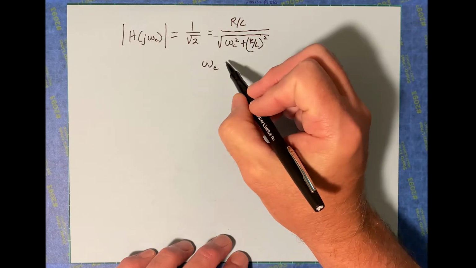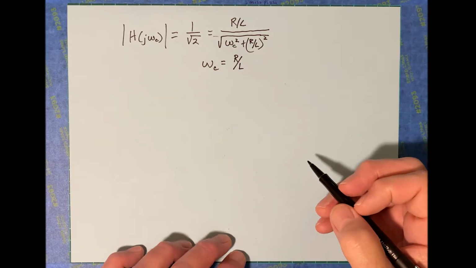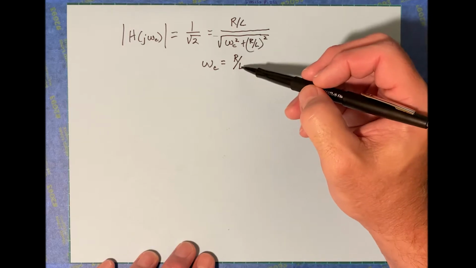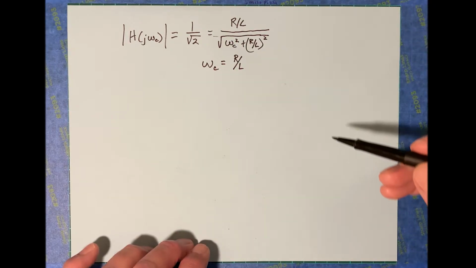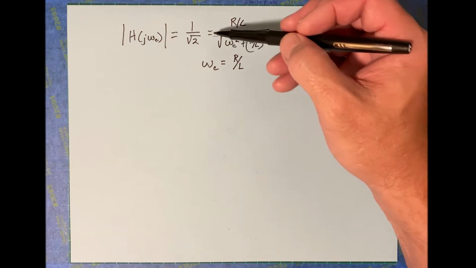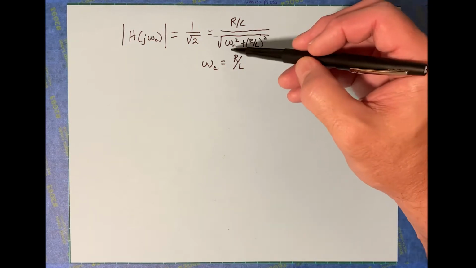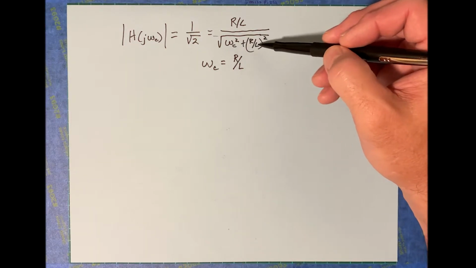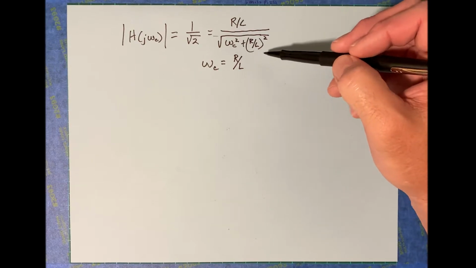Omega sub c is equal to R over L. That's the point at which this is a true statement. You can go ahead and plug it in and see that it is true, because this is going to be (R over L) squared. You're going to have 2 of them when you take the square root, so the R over L's are going to cancel.